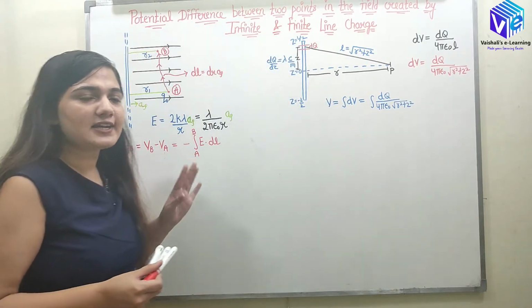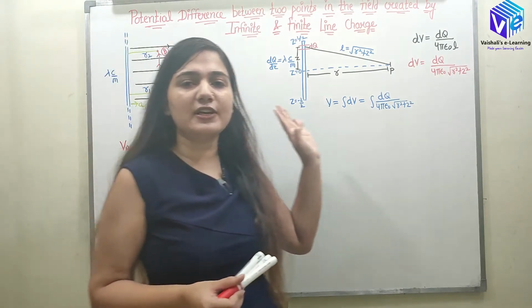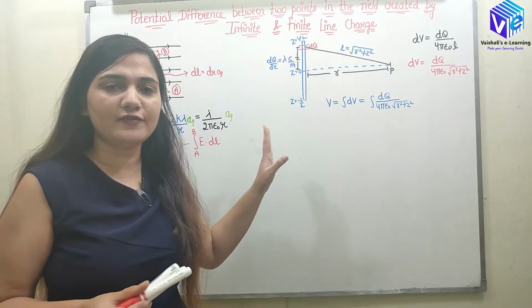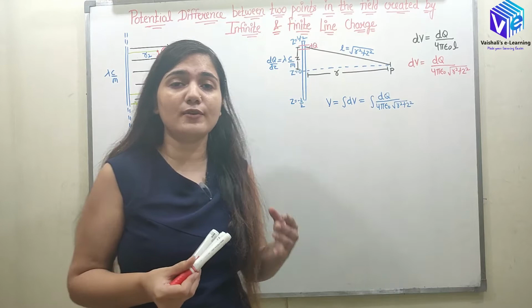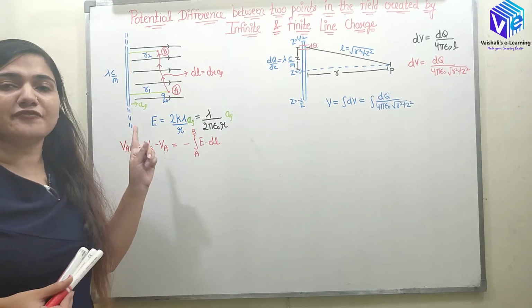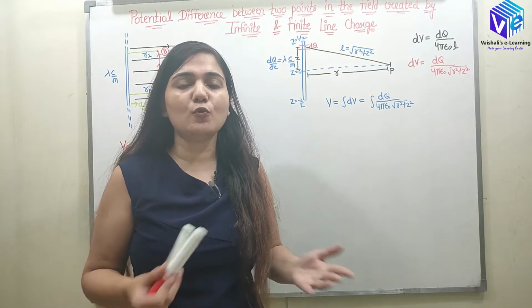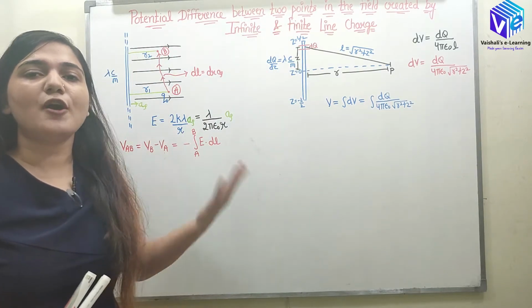We know the electric field due to an infinite line charge. We know the electric field due to a finite line charge. We have talked about both of them. If you have still not watched the previous video where I discussed the electric field due to infinite and finite line charge, I strongly recommend you watch it first, because I will be using the same formula from that video.